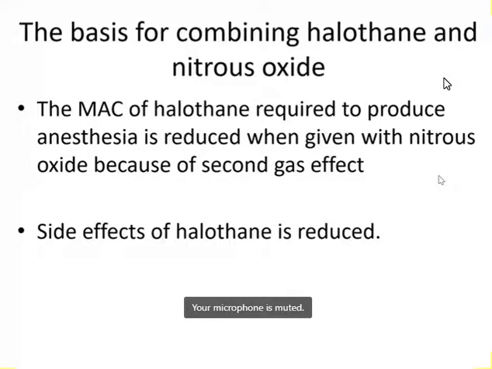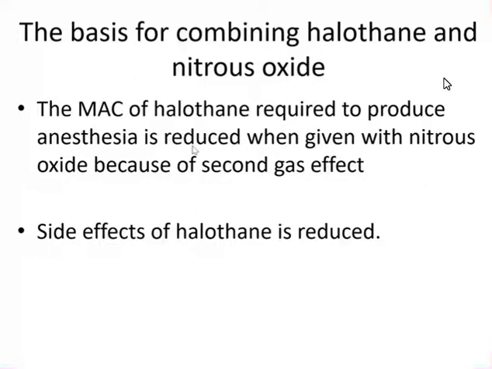They can be combined so that the nitrous oxide carries the halothane along with it, so that halothane also shows a faster onset of action compared to when it is used alone. So the MAC of halothane required to produce anesthesia is reduced when given with nitrous oxide because of the second gas effect.